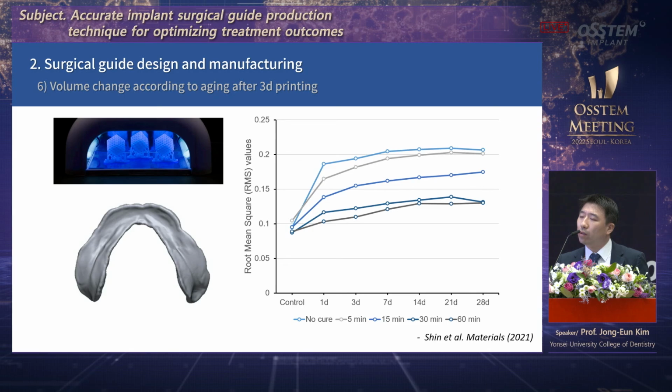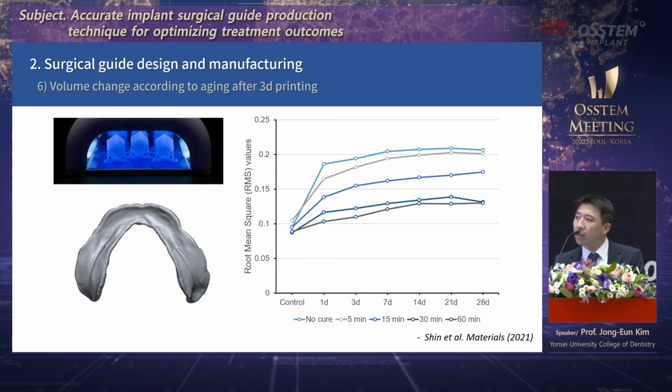Another concern is deformation of the guide. This is done by my lab. When you make a guide, and after 1 month, you can see that there is a difference in root mean square values.